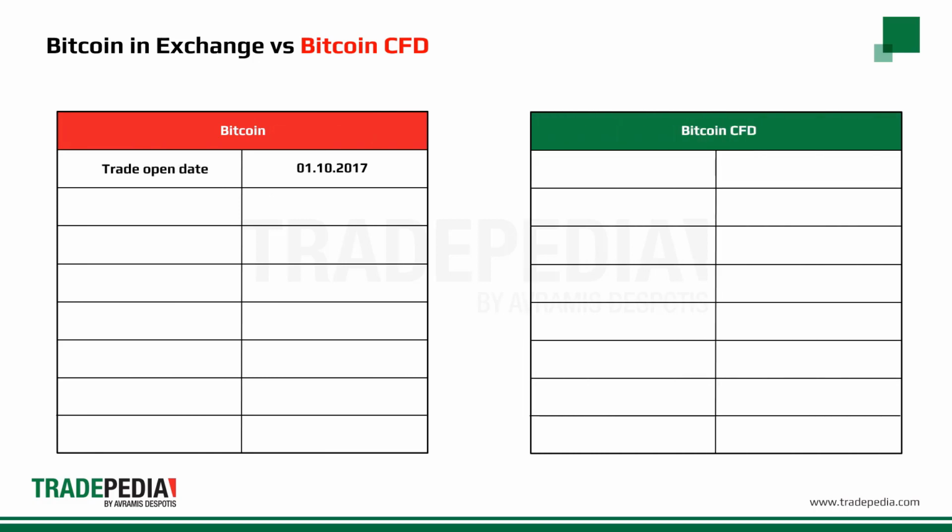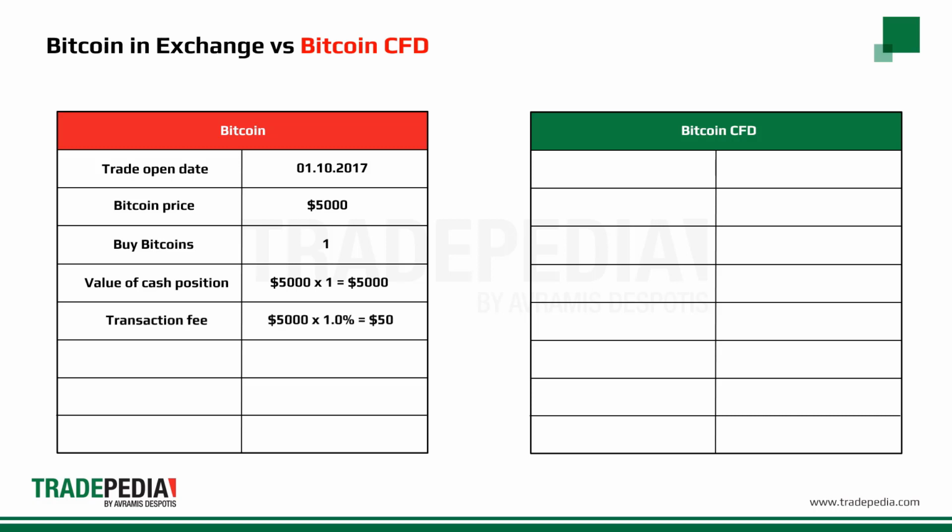Comparing Bitcoin Cash and Bitcoin CFD. Starting with the Bitcoin Cash. We bought on the 1st of October 1 Bitcoin at an exchange at $5,000. The value of our position equals 1 times 5,000 equal $5,000. With a transaction fee of 1%, we would be charged 5,000 times 1%, which equals $50.